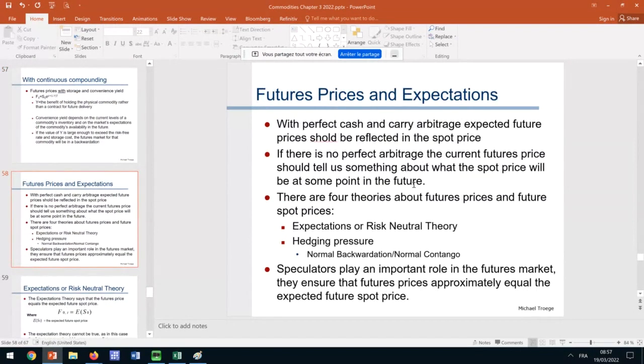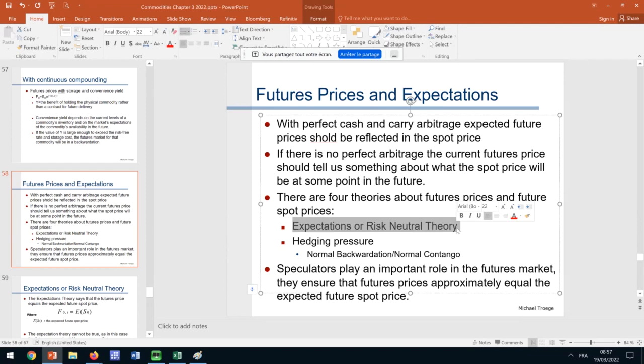Okay, so what it means is this is what I've been talking about all along. If these arbitrage conditions fail, then other factors have to come in to explain what's going on. There are two other factors that explain the shape of the curve.